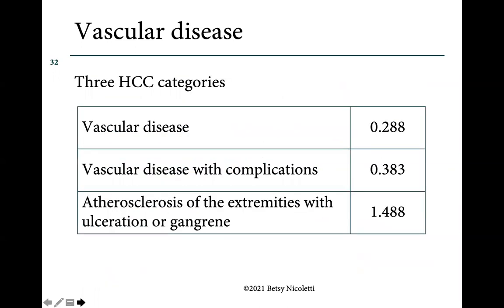Here's an example: vascular disease and vascular disease with complications. And you can see that the RAF increases significantly. And I'm going to go back and answer this question in just a minute. The risk score increases significantly for with complications. And here's another time where I'm very sympathetic. There are a lot of these vascular complications codes.